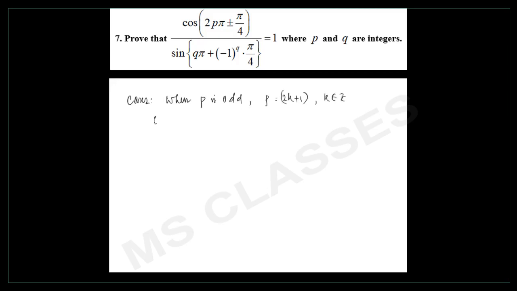Now the expression which is given to us will become cos of 2 into 2k plus 1 pi plus minus pi by 4, that is cos of 4k pi plus 2 pi plus minus pi by 4.